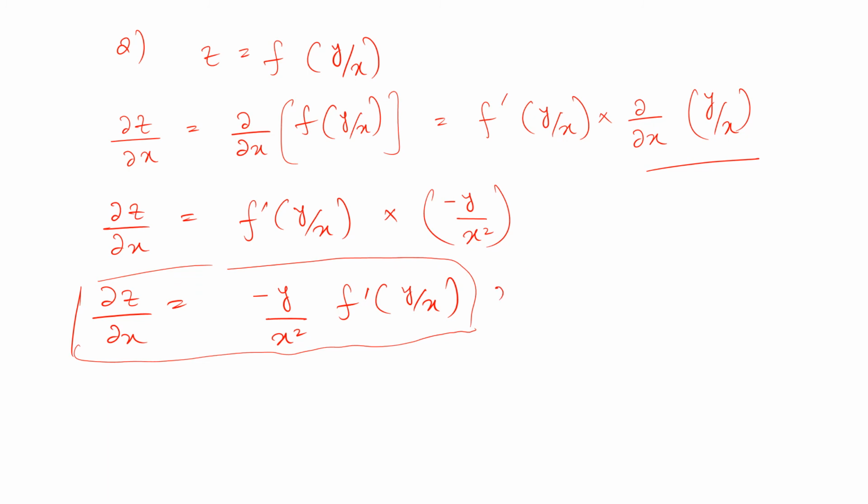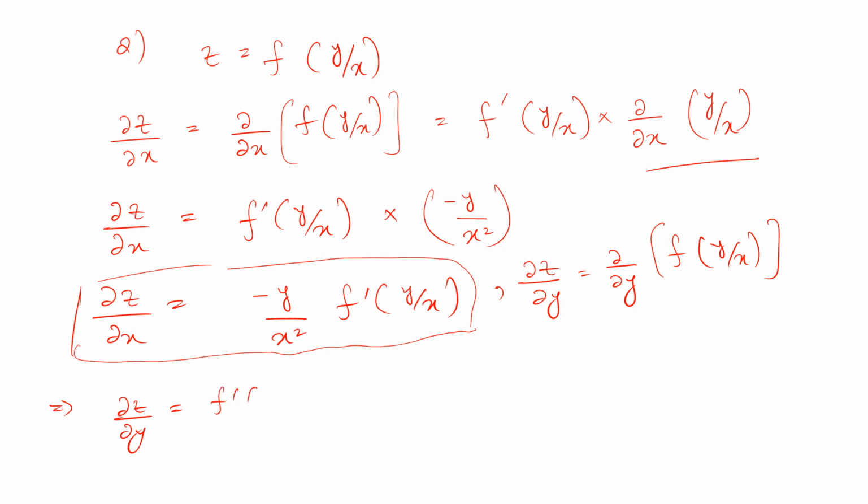To find ∂z/∂y, we will adopt the same procedure, so it will be ∂/∂y of the function of y over x, and this implies that ∂z/∂y is equal to f prime of y over x multiplied by ∂/∂y of y over x, that will be equal to f prime of y over x times 1 over x.